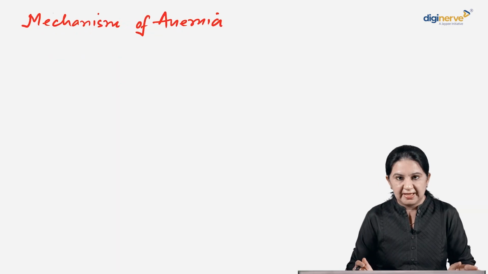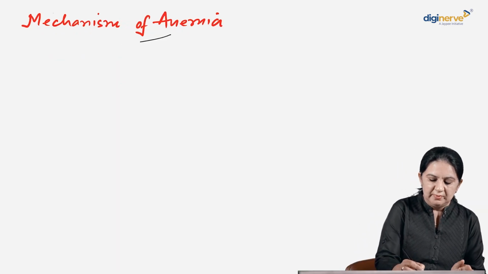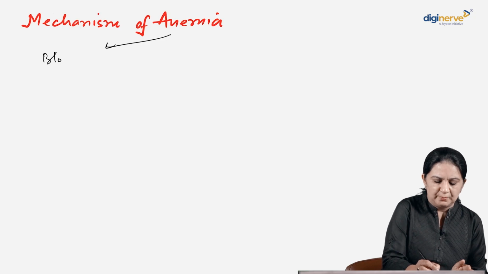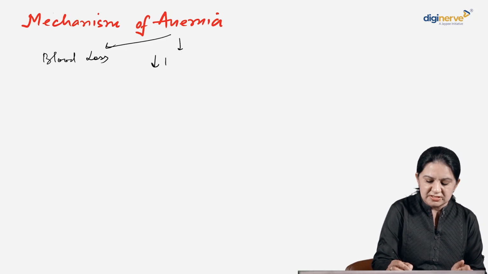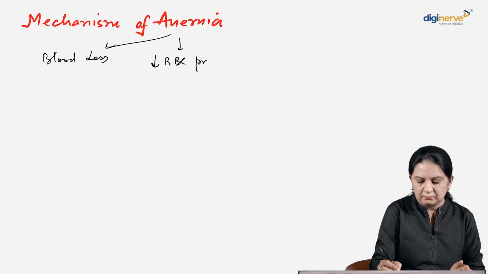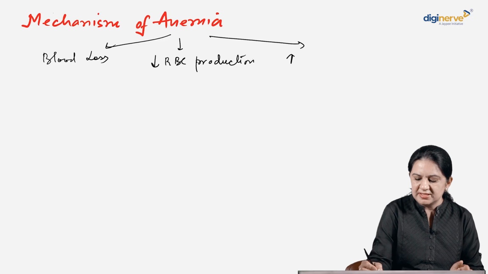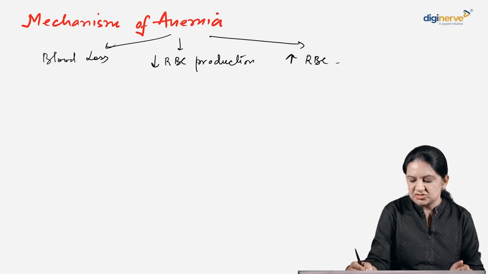So now coming to the mechanism of causing anemia. Anemia can be caused because of blood loss, decreased RBC production or increased RBC destruction. All right.